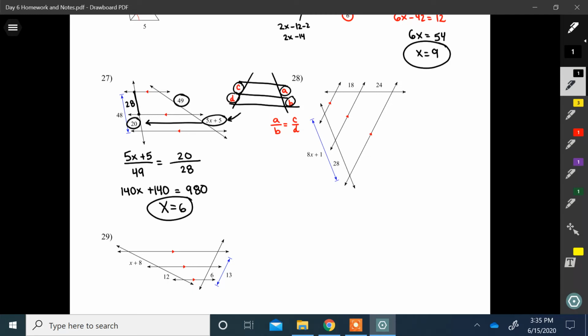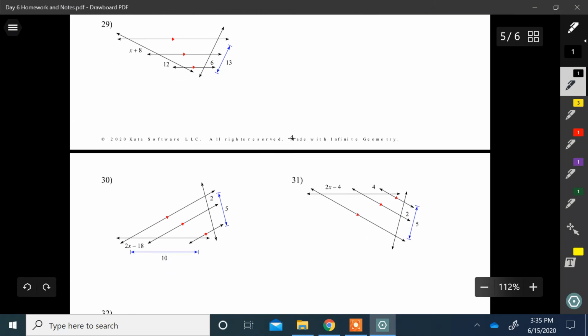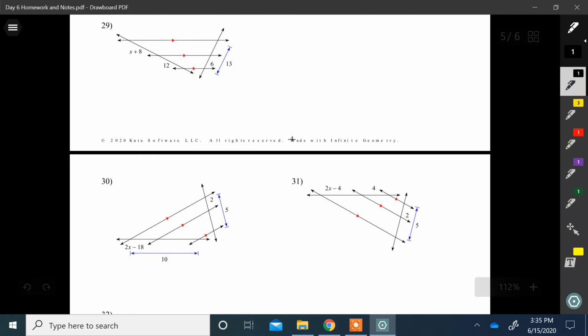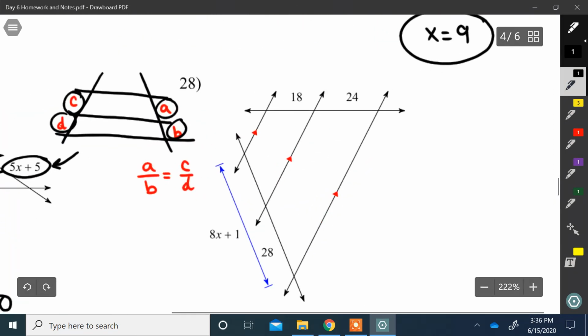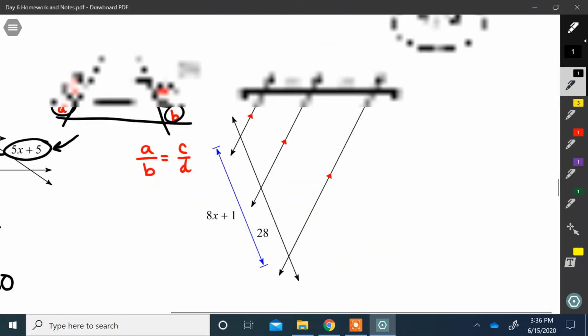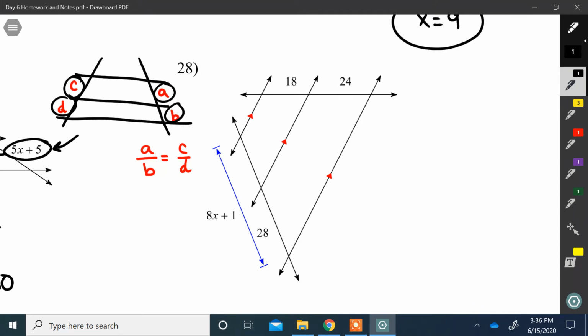I'm going to do number 28, since that one looks a little bit more challenging, and then I'll have you do 29 and 30, and then I'll do 31. Okay, so 28, what's happening here is that the whole thing from here to here is 8x plus 1. So we need to know what this part right there is.